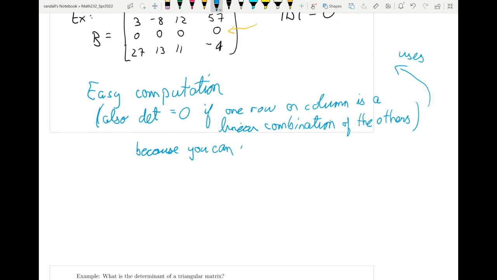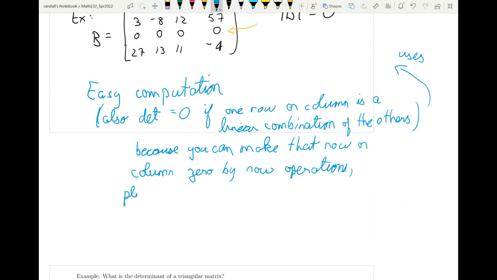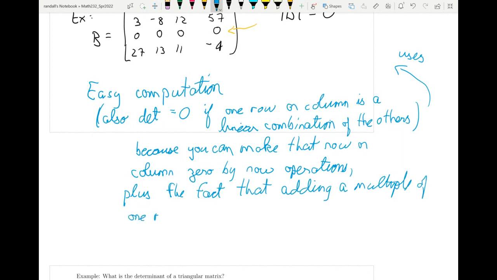You can make that row or column 0 by row operations, plus the fact that this row operation, adding a multiple of one row or column to another, so you can do column operations in the same sense, doesn't change the matrix.